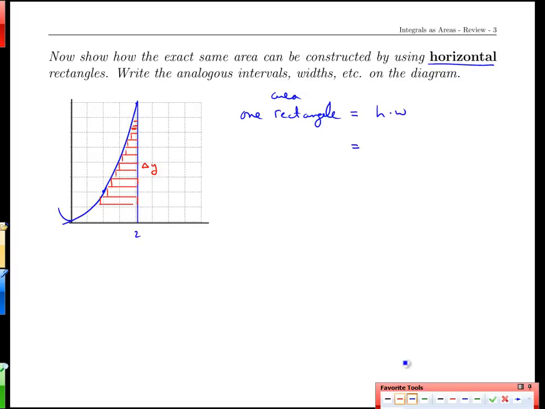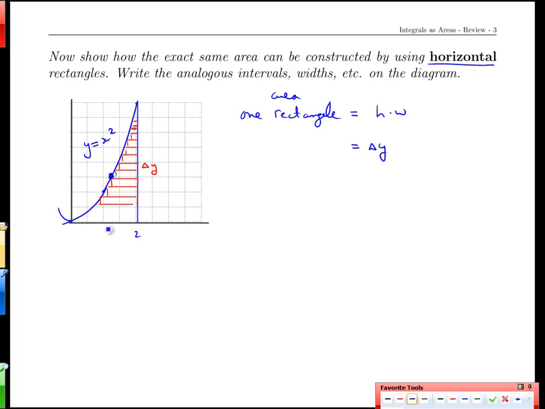So the height is going to be a small y unit, and the width gets a little more interesting. Now, if we think of this point, again, don't think of the first or last points. Those tend to be deceptive. Think of an intermediate point somewhere on the curve. That is going to be defined by y equals x squared, because that is our curve.